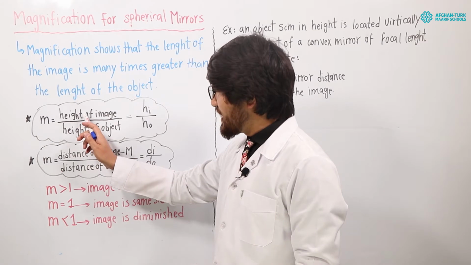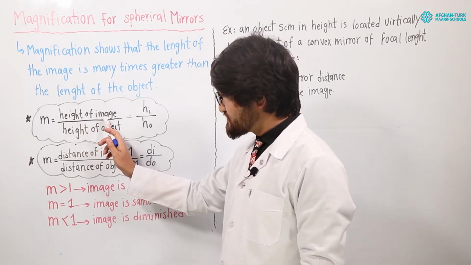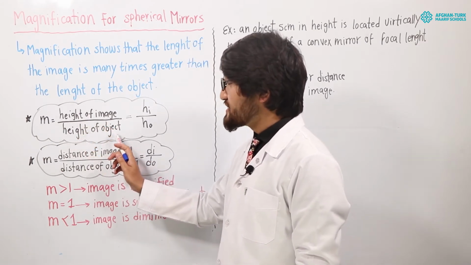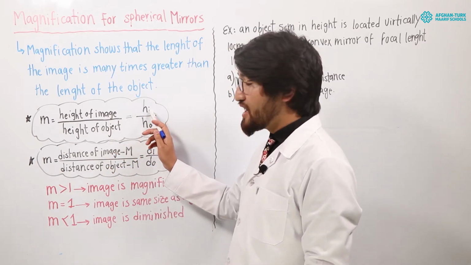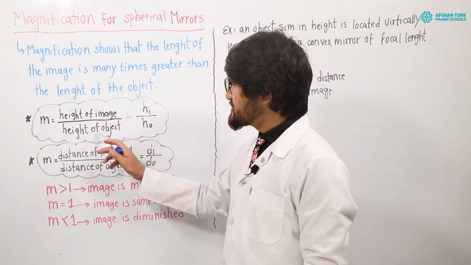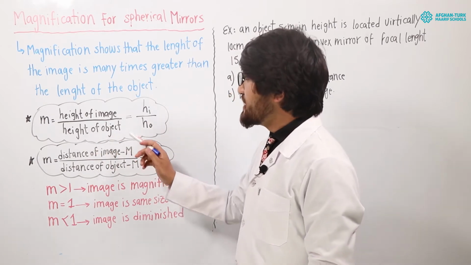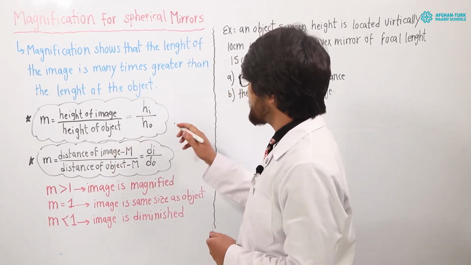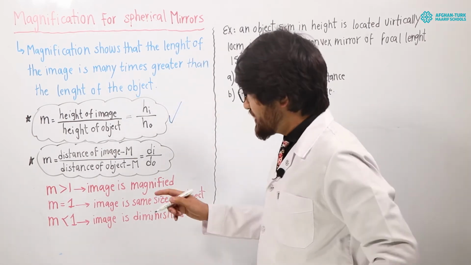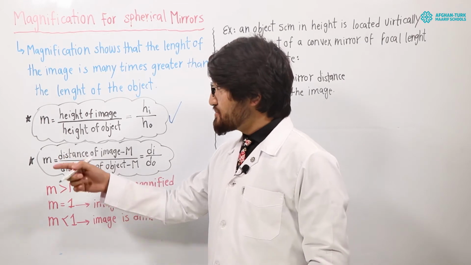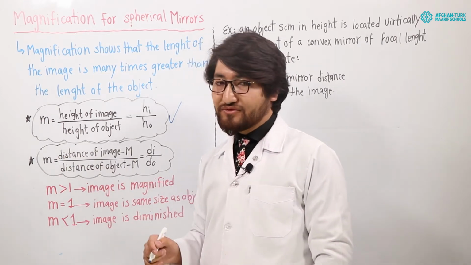M is equal to height of image over height of object. If we represent height of image with HI and height of object with HO, this is the formula of magnification: HI over HO. And magnification also has another formula.